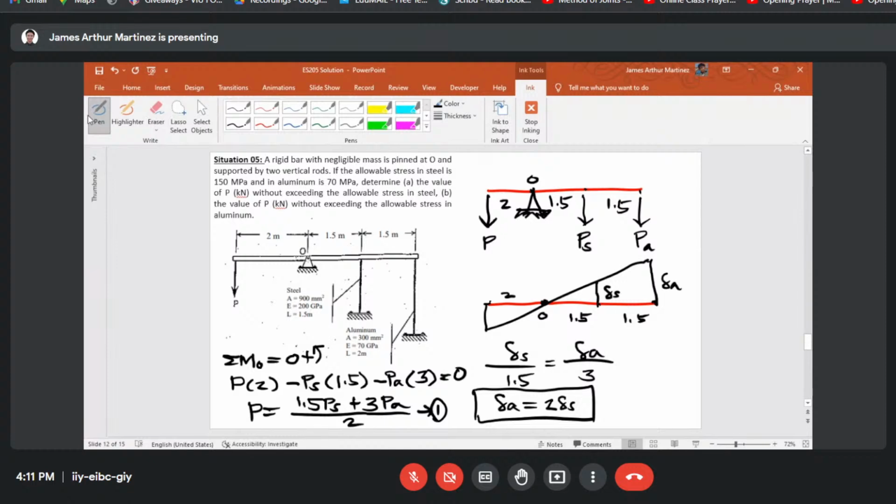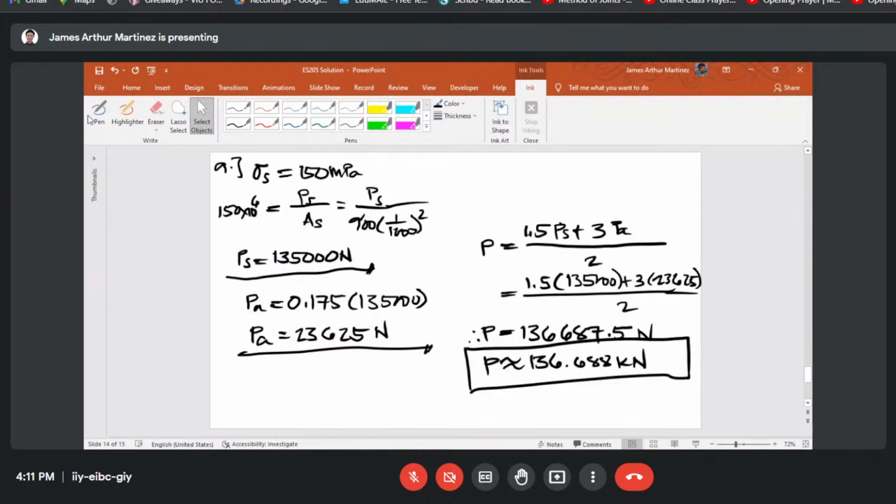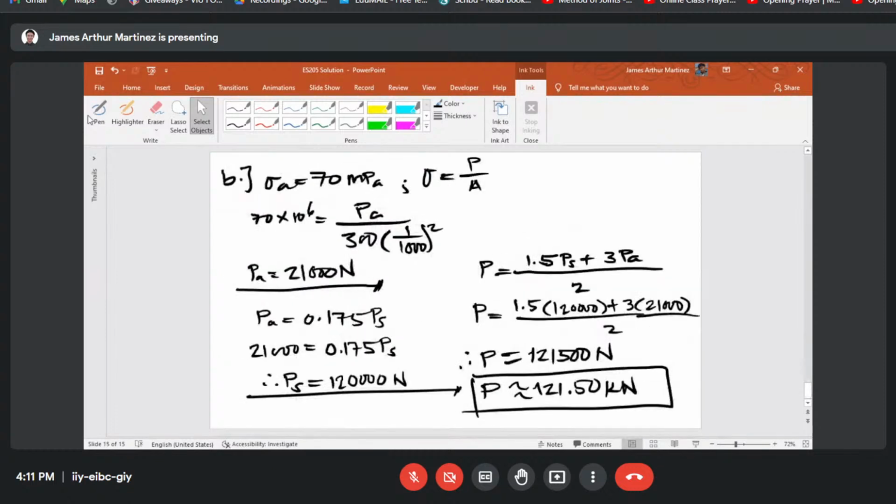But excuse me, our solution to that would be the same as the solution in part B. To solve for letter C, what we are to do is determine the values of PA and PS also, diba? And to do that, the internal reaction of aluminum that it can withstand is 21,000 Newton if we are not to exceed its allowable stress of 70 megapascal.